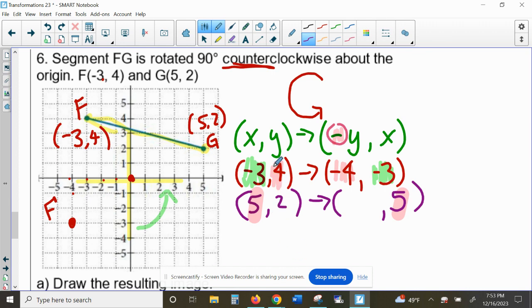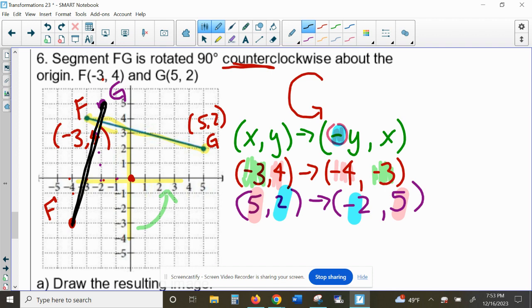Then we take the 2 and put it here, but we do have to change its sign, so it becomes a -2 now. So my new G prime is going to be at -2, 5. That's -2 and then up 5: 1, 2, 3, 4, 5. And that is my G prime. So my new segment is going to be over here.